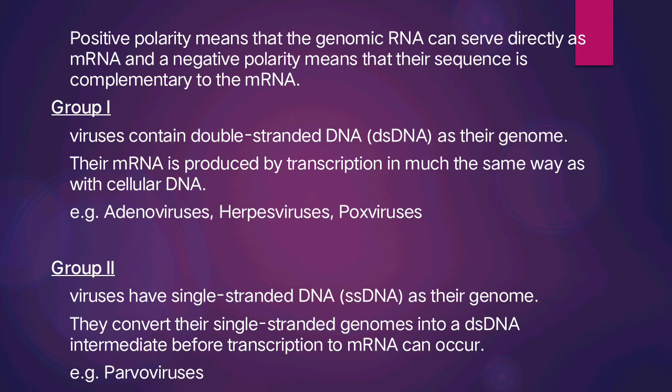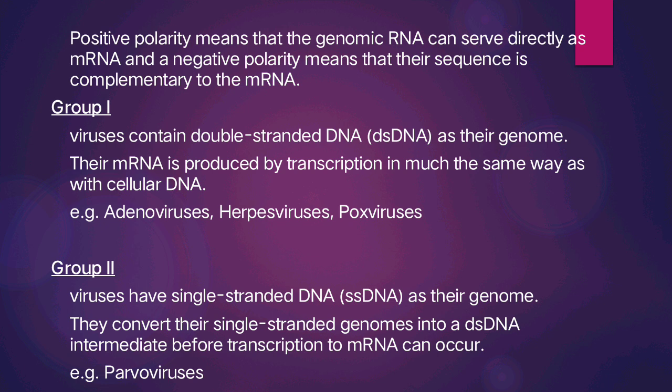Group 1: viruses contain double-stranded DNA, dsDNA, as their genome. Their mRNA is produced by transcription in much the same way as with cellular DNA. Example: adenovirus, herpes virus, pox viruses.